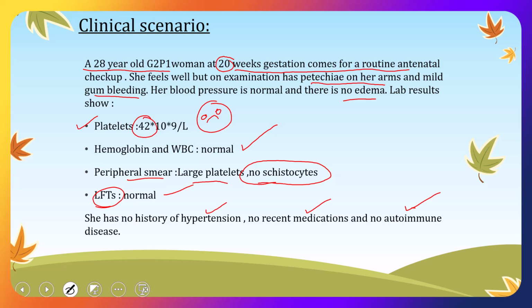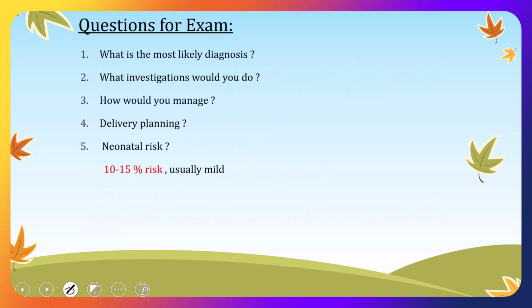So now you can well imagine what questions could be asked from you in your exam. The first question is, what is the most likely diagnosis? You can clap for yourself because the answer is ITP in pregnancy.